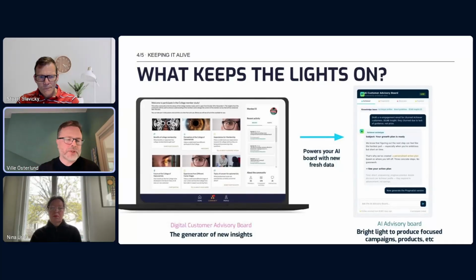You invite customers there as your advisors for the long term. It can be very qualitative, like what the college did with 50 members, but it can span to 500,000, several thousand members. So that acts as a base layer, or a generator, if you think, for new understanding, something that AI is unable to do.